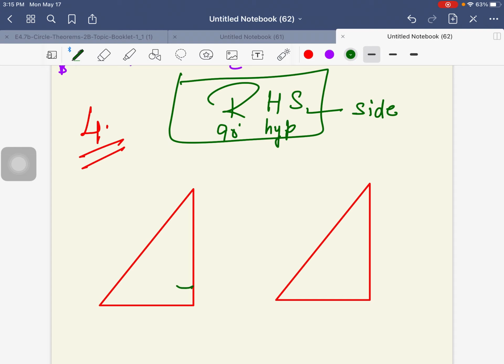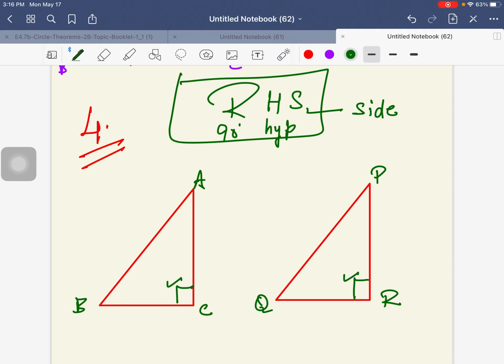In this case, these two triangles are right angle triangles ABC and PQR. So when they have right angle, we don't need to prove that right angles are equal. Obviously they are same value, same magnitude.